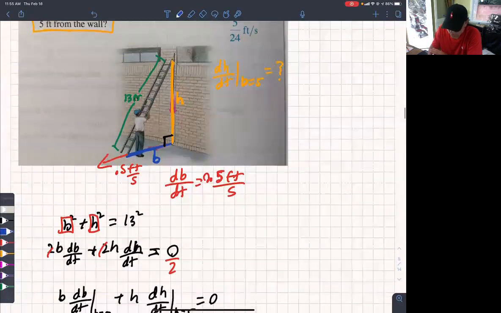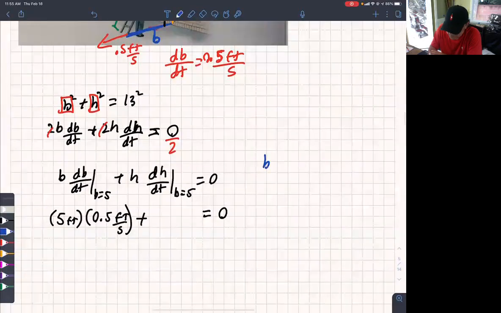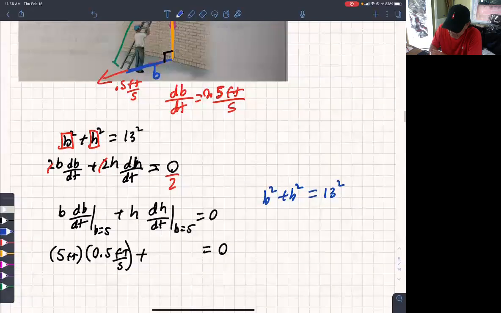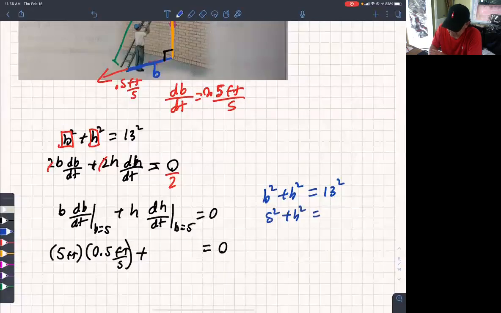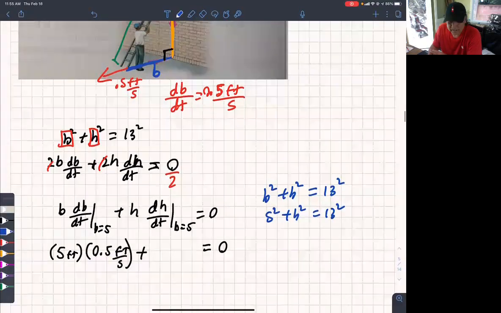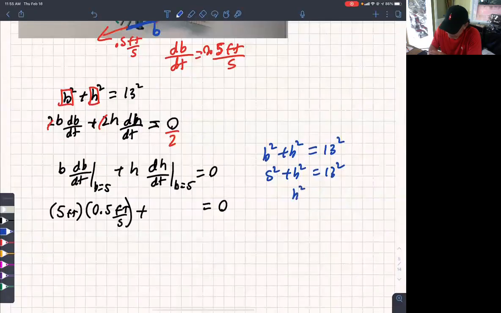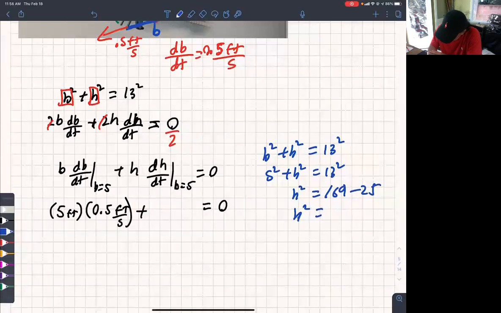Because we know that b squared plus h squared is 13 squared. So when b is 5, we can calculate h squared. h squared will be 169 minus 25. h squared will be 144. h is 12.